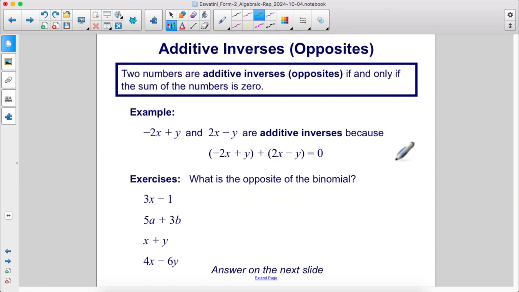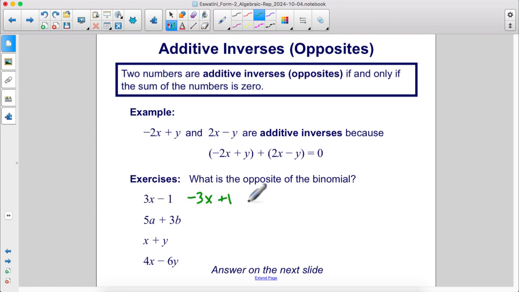Two numbers are additive inverses, or opposites, if and only if the sum of the numbers is 0. -2x plus y and 2x minus y are additive inverses because if you add them together, you get 0. What is the opposite of these binomials? All right, so you just switch the sign. -3x plus 1.